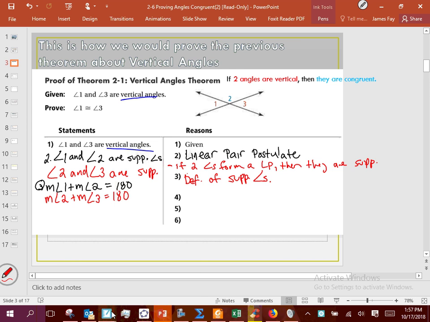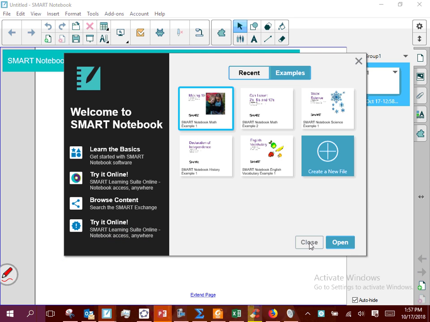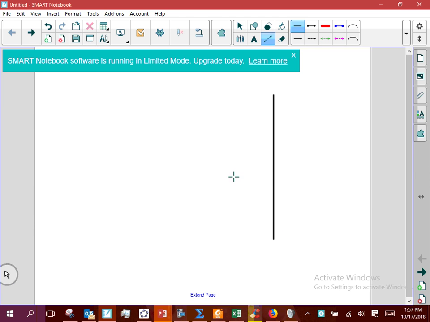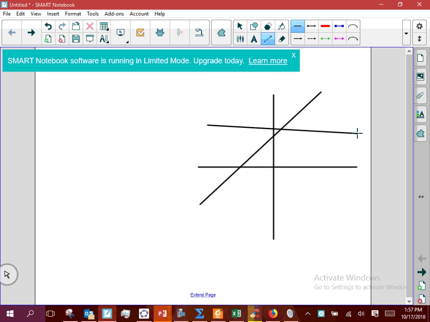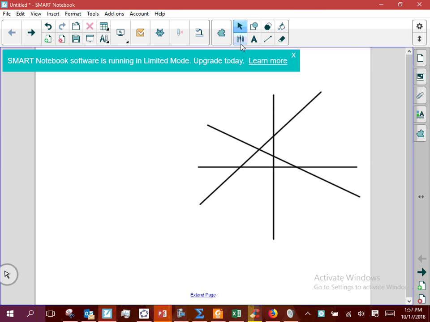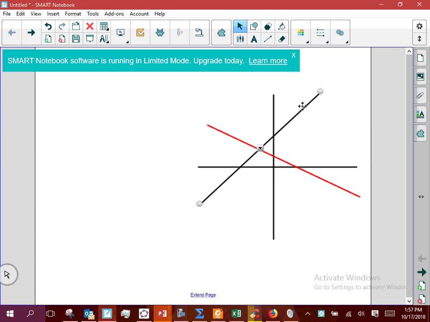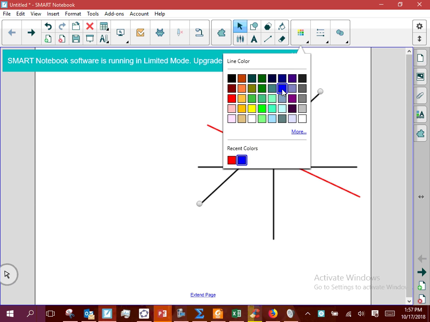In Algebra 1, you remember seeing, I've got my y-axis, my x-axis, and then I give you two lines. Let me color these so we can talk about them easier. The red line, and we've got the blue.